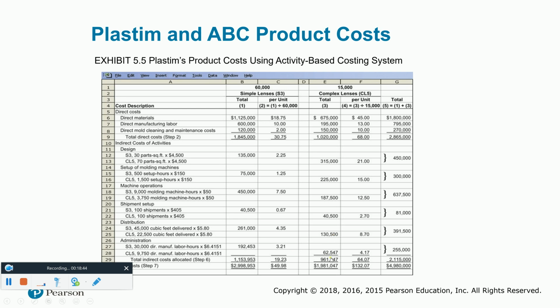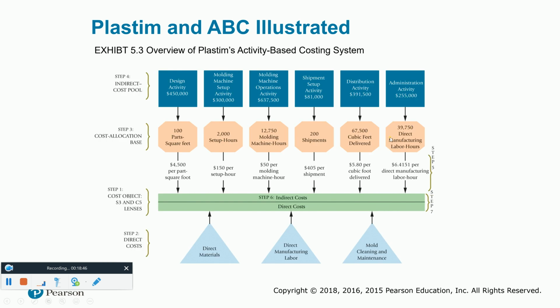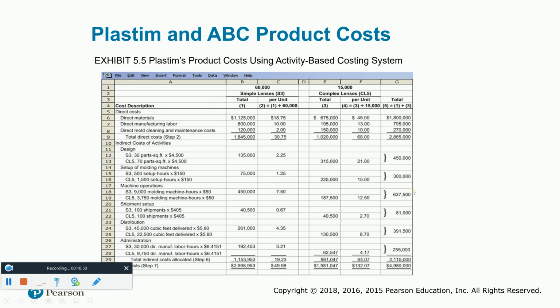And last but not least, administration, which we said was $6.41 per direct labor hour. So for the simple lenses, 30,000 direct labor hours times 6.41 will give you 192,453. The complex lenses, 9,750 direct labor hours. Hopefully you guys remember these direct labor hours from our original example.